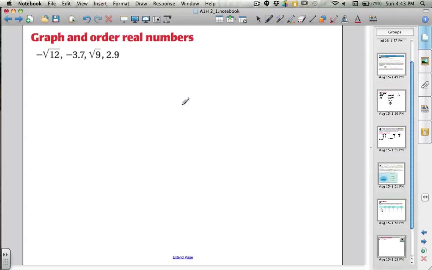Okay, if we want to graph these on a number line and put them in order, let's go ahead and put 0 here. If I start looking at these different values, what's complicated is that some of these are decimals and some of them are not. So it's a little complicated. I know that the square root of 9 is 3, so I could go ahead and put that on here. 1, 2, 3.